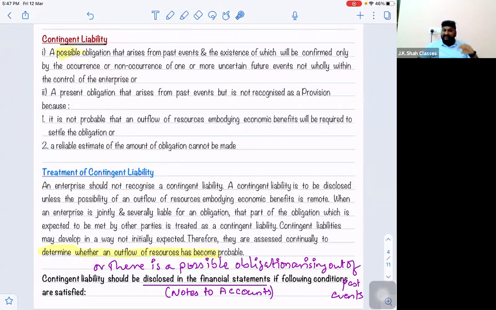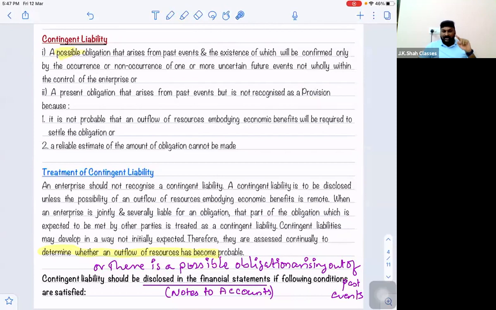So this is the difference between contingency and provision. You could have recorded a provision if the word not was not there over here. It is probable that. And here also, reliable estimate of the amount can be made. So just remove not from here, it becomes a provision.